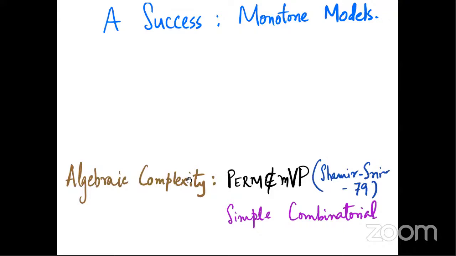As I just told you, the permanent, when you tie the hands of a circuit and insist that the circuit cannot use any cancellations, then one can show exponential lower bounds, for example, on the permanent. And this was shown very early on by Shamir and Snir from 1979. And in fact, the argument is a very simple combinatorial argument. It's not a very difficult argument. It's still a very interesting argument.